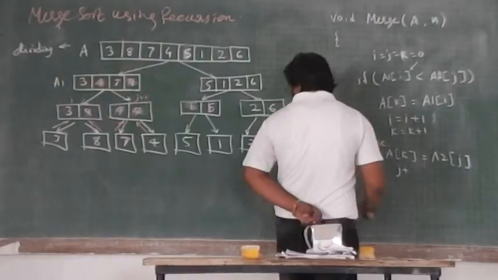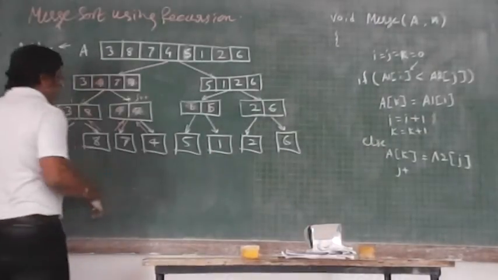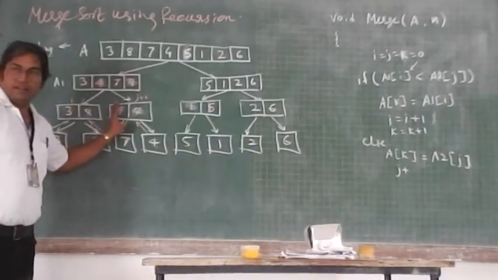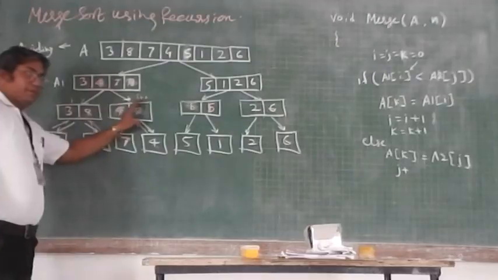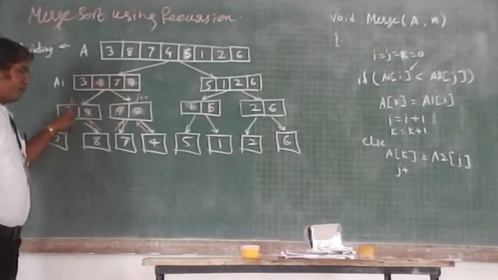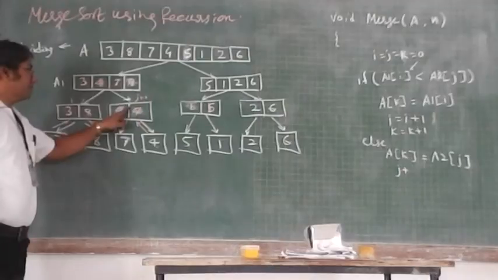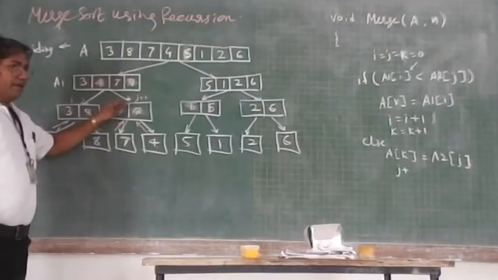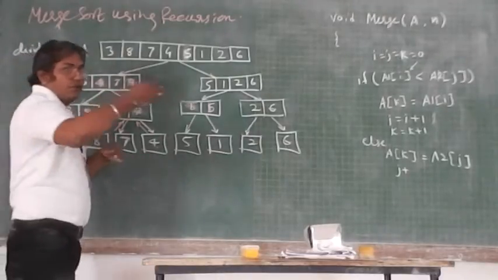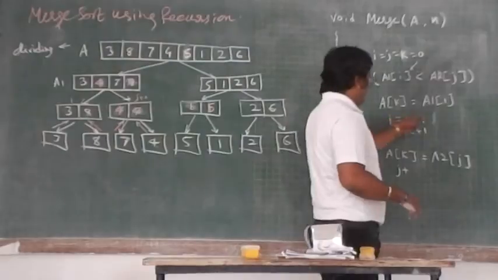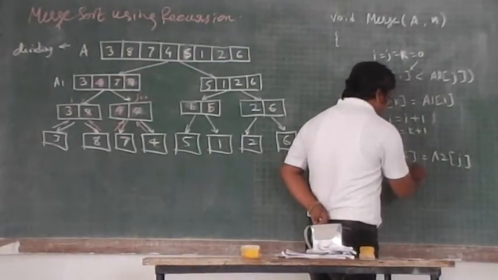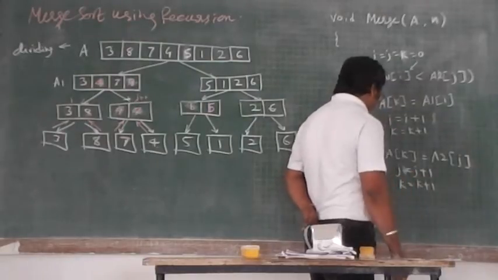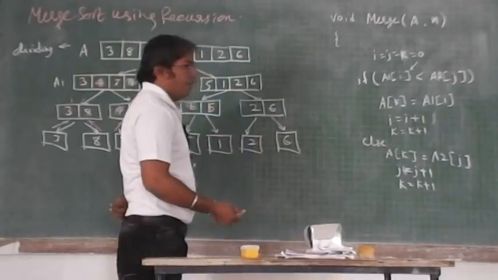I will increment j because whenever I pushed some element into its parent array, for this array i is the index, for this array j is the index. The moment I push one of its elements from its array, I incremented, meaning I have gone to the next index. That is why i equal to i plus 1 and j equal to j plus 1 I am doing. And k I need to increment. Okay?